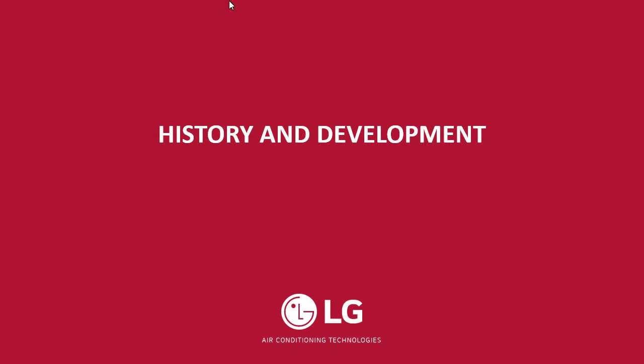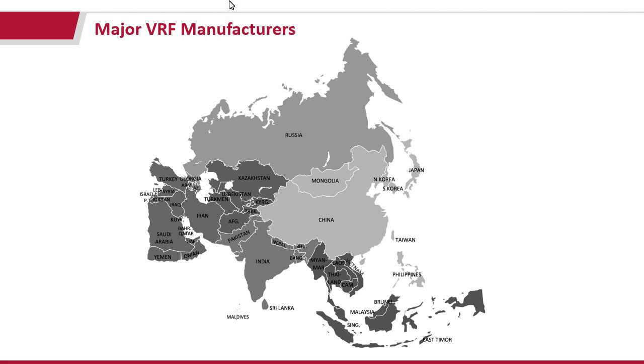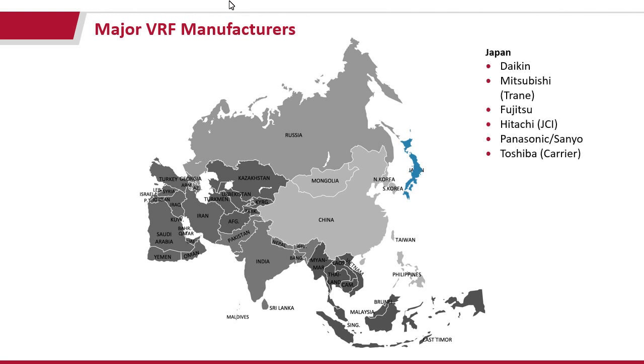So history and development. I'm going to go over this a little bit quickly because I know we don't have tons of time today, and if anyone is interested in more details, I can send you PDFs of this information. Basically, VRF started in Asia, so you see major manufacturers in Japan, recognizable names like Daikin, Mitsubishi, Fujitsu, Hitachi.